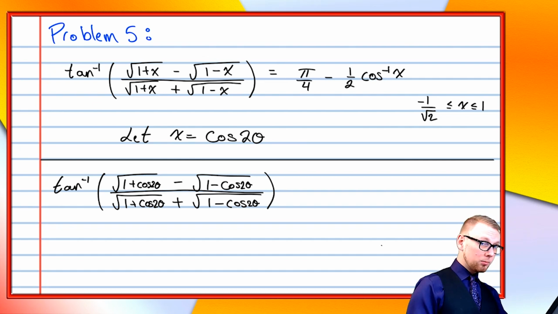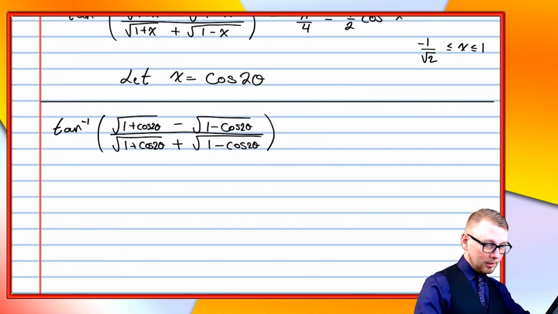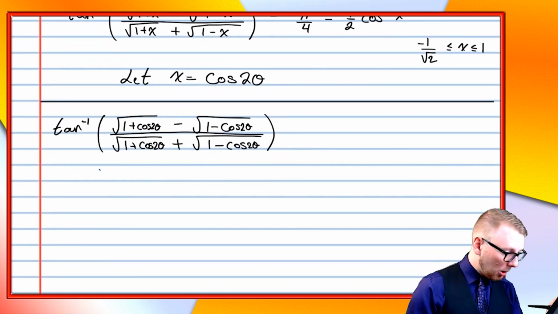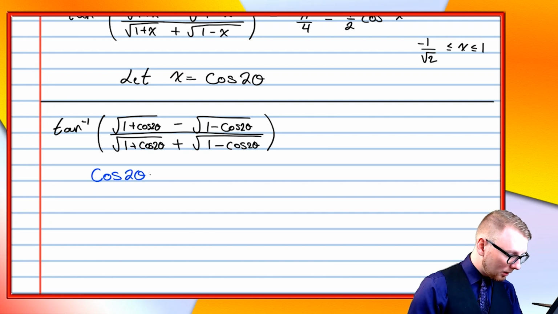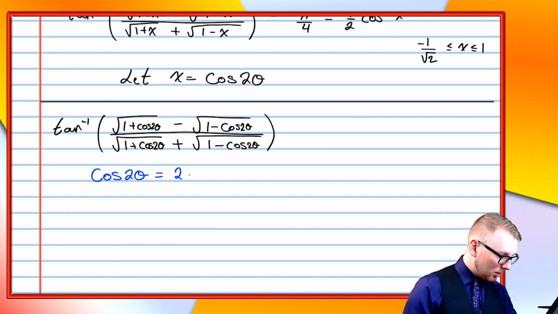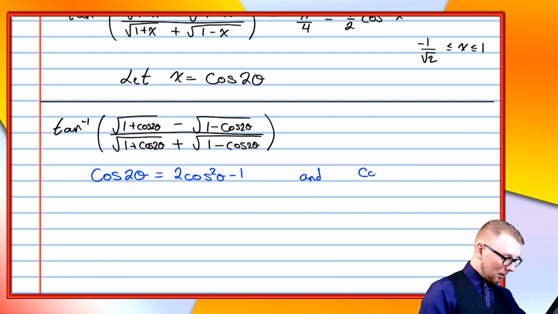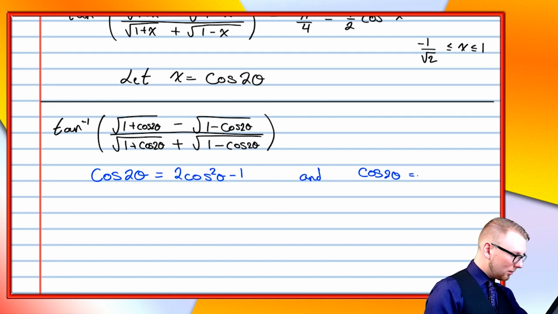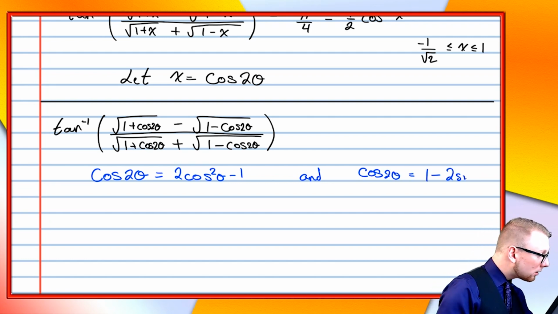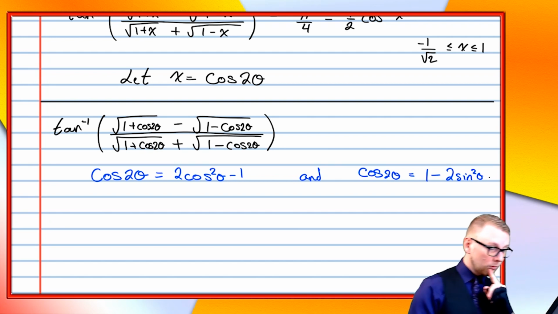Again, we're going to use some trig identities and simplify this a little bit. Remember that cosine of 2 theta is equal to 2 cosine squared theta minus 1, and cosine of 2 theta is equal to 1 minus 2 sine squared theta.